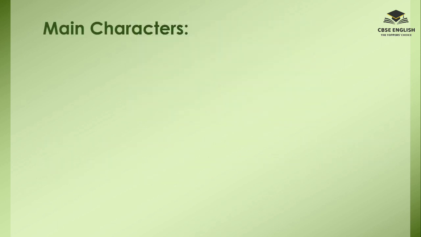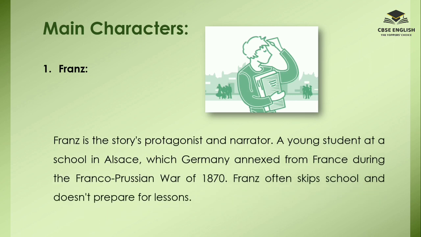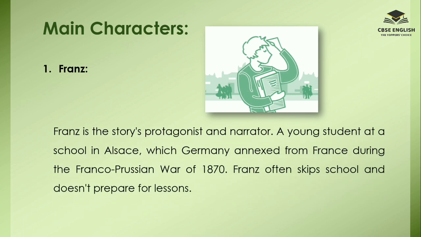Now we'll discuss the main characters of the story. Number 1, Franz. Franz is the story's protagonist and narrator, a young student at a school in Alsace, which Germany annexed from France during the Franco-Prussian War of 1870. Franz often skips school and doesn't prepare for lessons.